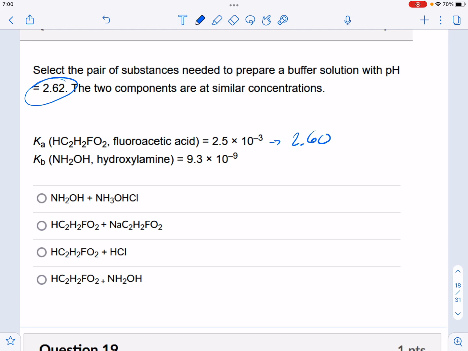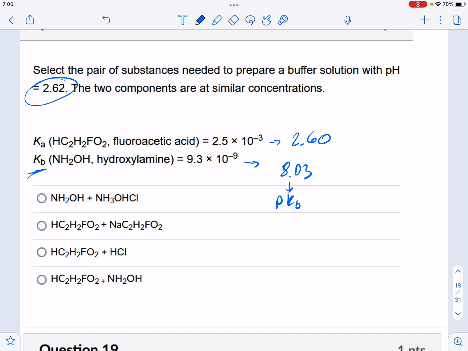This is 2.60, and this is 9.3 times 10 to the negative 9. So this is 8.03, but this particularly is pKb, because you are working with Kb.